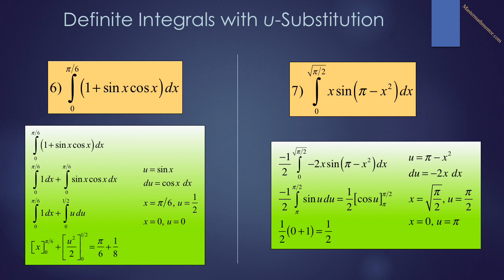We can kill two birds with one stone by changing the negative into a positive and reversing the order of integration, allowing us to have the smaller limit on the bottom. So we have 1/2, and the integral of sine u is cosine of u evaluated from pi to pi over 2. We get 1/2 times the quantity 0 plus 1, and our answer is 1/2.